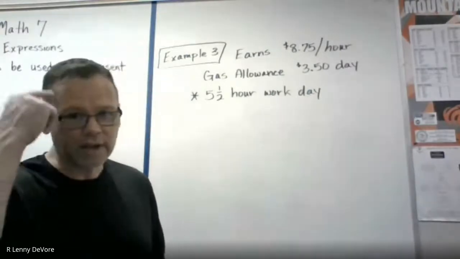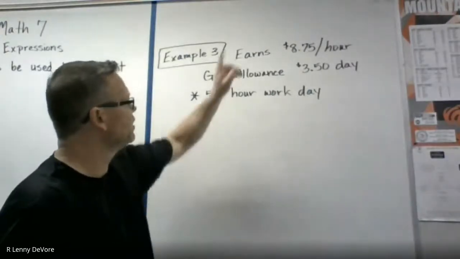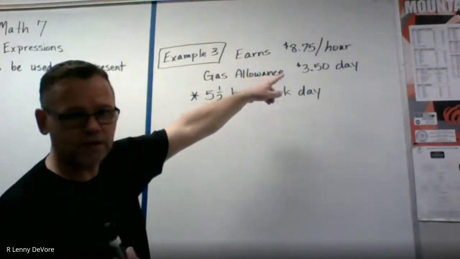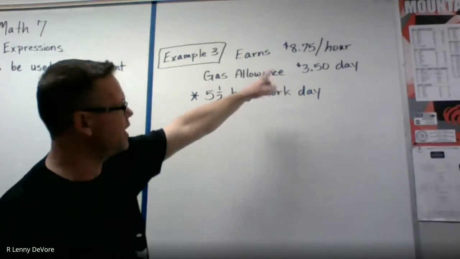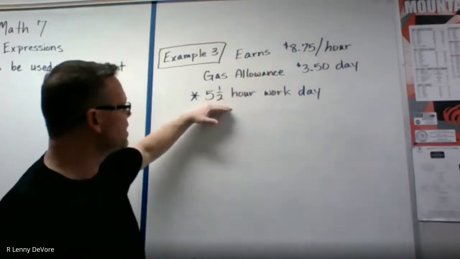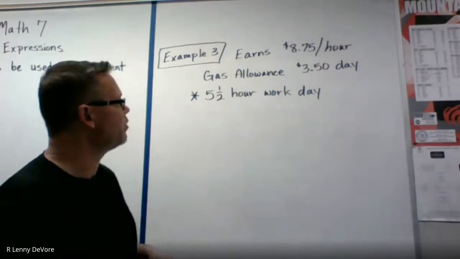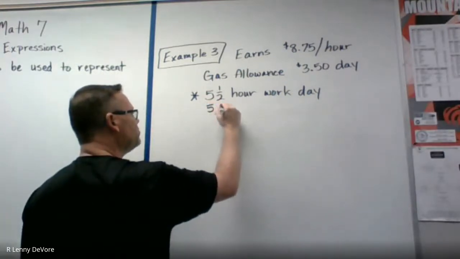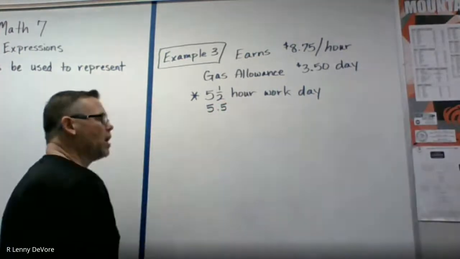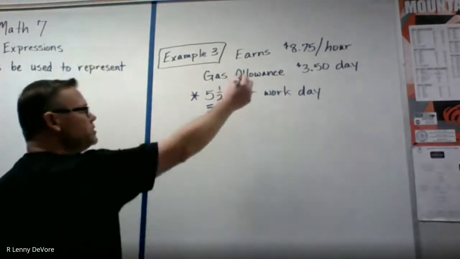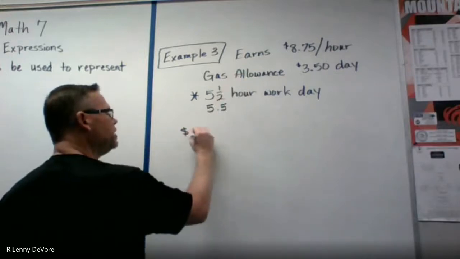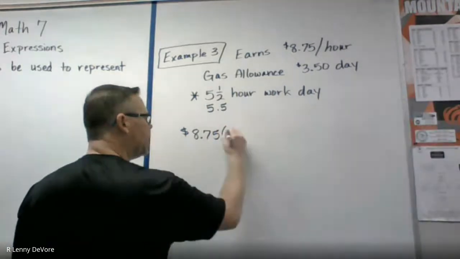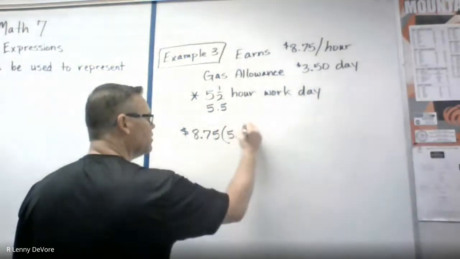So what we have to think of is we're getting paid $8.75 an hour. That's a rate, just like we've done in past lessons, right? And then they're telling us that it's 5.5 hours. Again, I'm going to turn this into a decimal, 5.5 hours for that workday. So I take the hourly rate of $8.75 and multiply it by the 5.5.